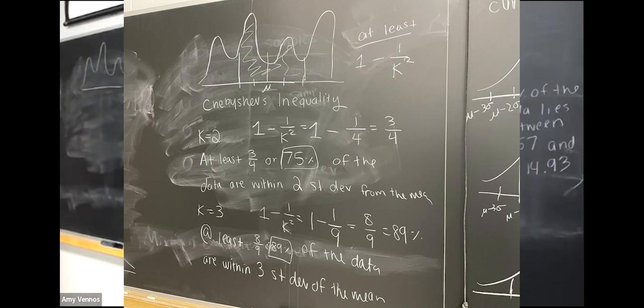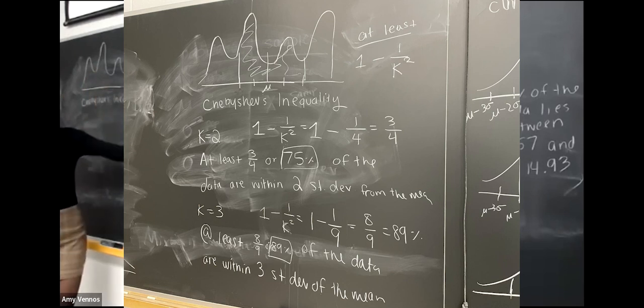Okay, in this case, if we don't know it's a normal distribution, we use this thing called Chebyshev's inequality. Okay. Very similar, but it can work on any data set, no matter if it looks like this or anything like that. Okay, it's very generalized.